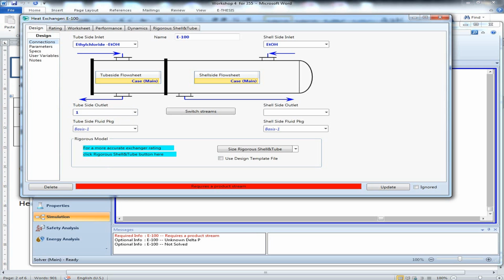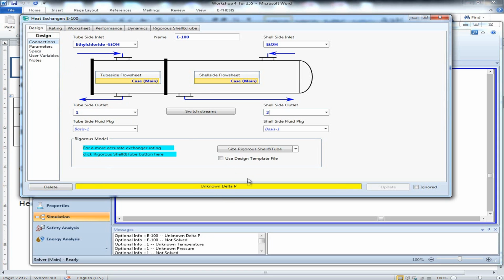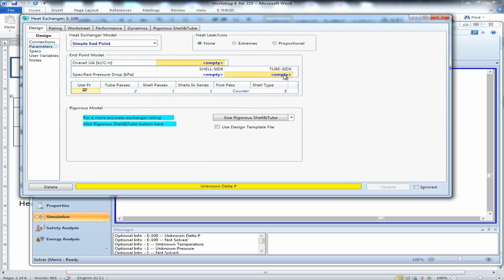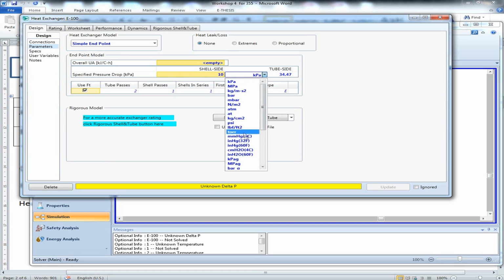Then number 1 and number 2. The specification is that the pressure drop is about 5 on the tube side and 10 on the shell side.